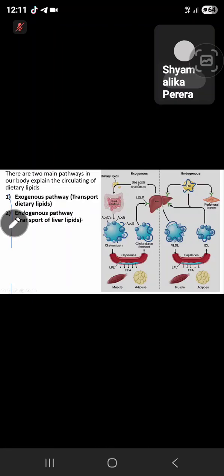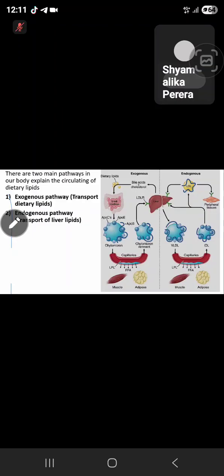The exogenous pathway describes the transportation of dietary lipids up to the target organs. The endogenous pathway describes the transport of liver lipids, that is, lipids released from the liver and how they go with the blood.